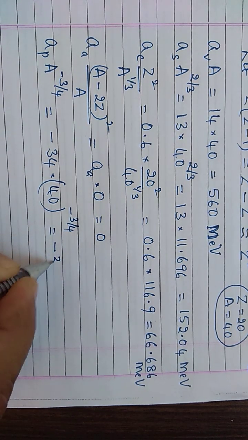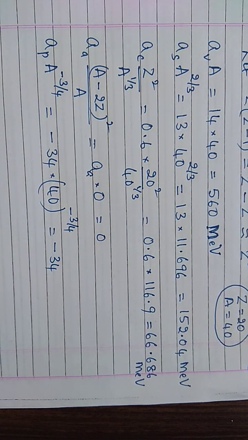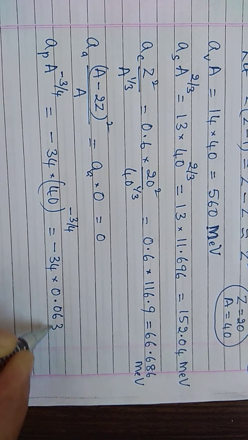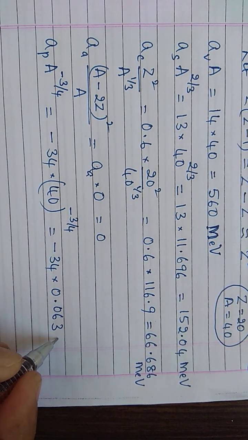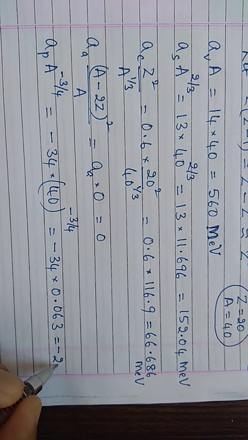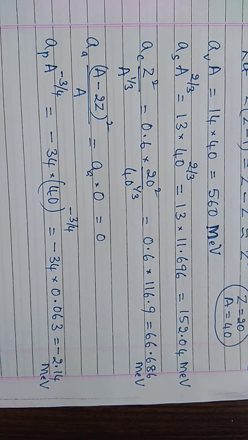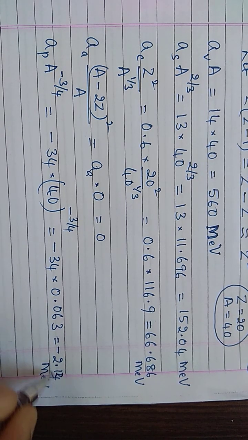Substitution is finished. Do the calculation. This value is equal to 0.063. Multiply these two, you are going to get minus 2.14 MeV. Approximately, actually it is 137 you are getting.